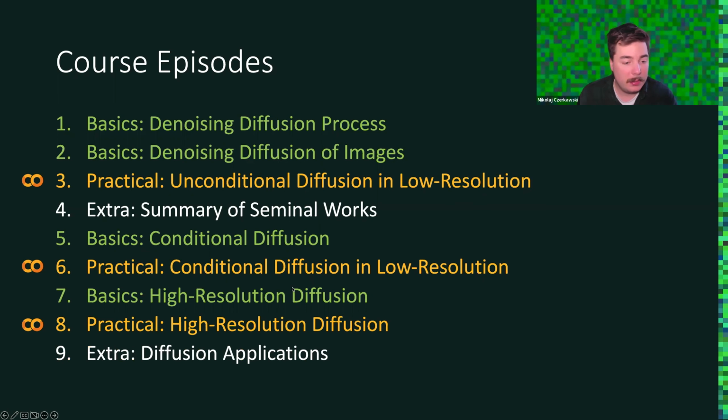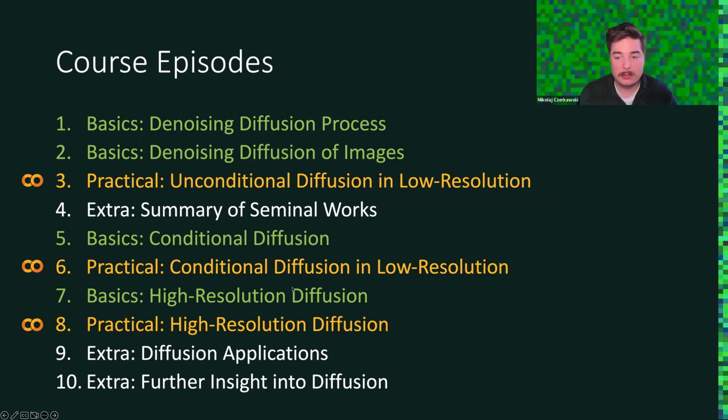And then at the very end, there will be two extra episodes on diffusion applications, so what we can actually do and what kind of work is being done that has denoising diffusion at its core. And finally, further insight into diffusion, where we go through some of the recent developments that analyze the nature and some features of this type of generative model in more detail.